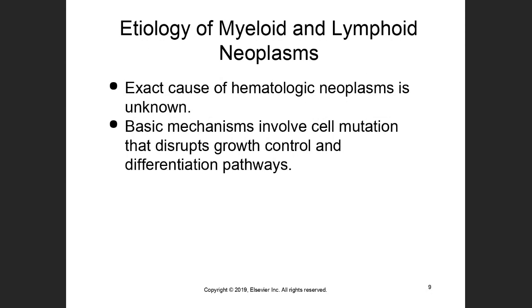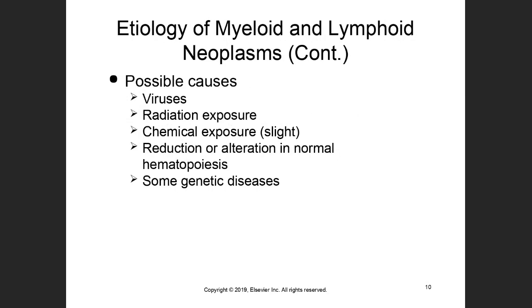The exact cause of hematologic neoplasia is unknown. The basic mechanism involves cell mutation and disruption of growth control and differentiation pathways. Possible causes: virus.